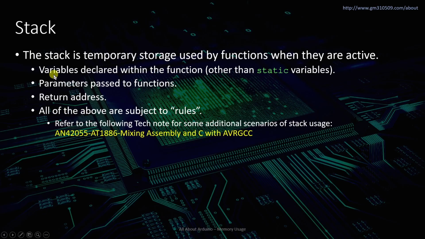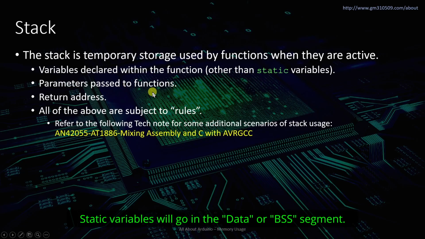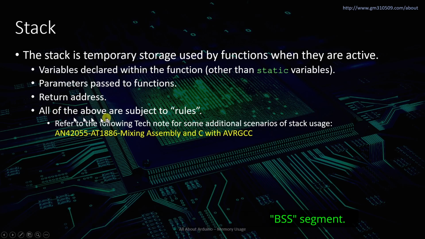It has a few different scenarios of use. So one is for variables that are declared within the function other than static variables, parameters that are passed to functions, the return address, and all of the above are subject to rules of when and how they can be used. And these rules are more to do with optimizing calls. Return address is always passed on the stack. Parameters and local variables may be declared on the stack.